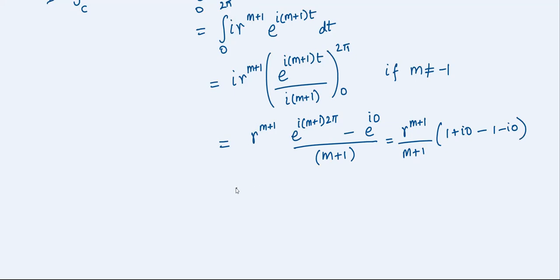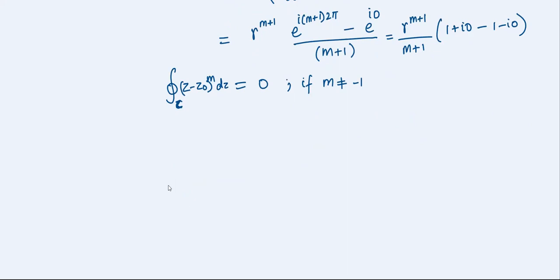So 1 minus 1 is 0. So we get that this integral is 0 if m is not equal to minus 1.